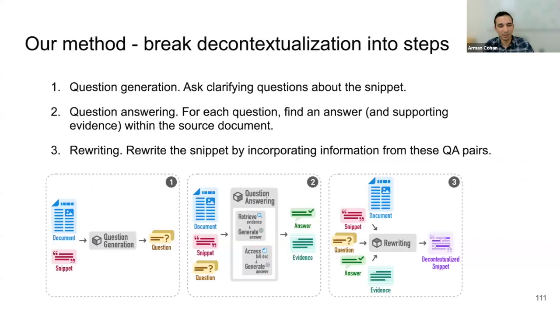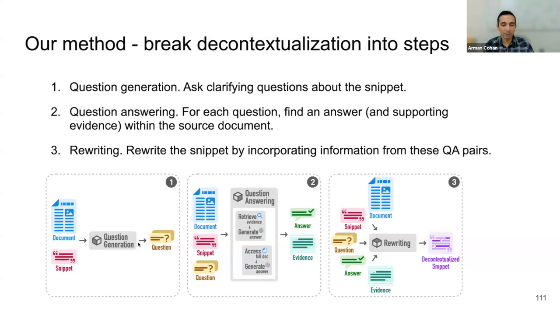So our hypothesis was, can we actually break this task into multiple smaller steps using a question answering framework? And this was actually formed by talking to scientists about how, if you're given this sentence, you would go about decontextualizing it.